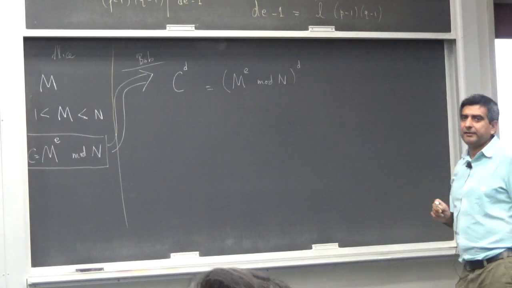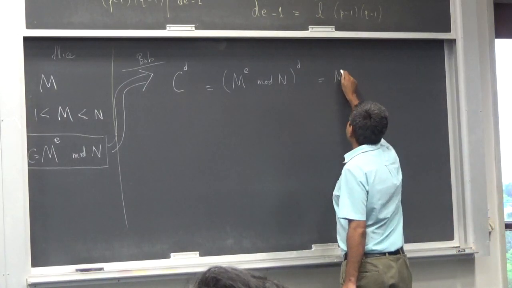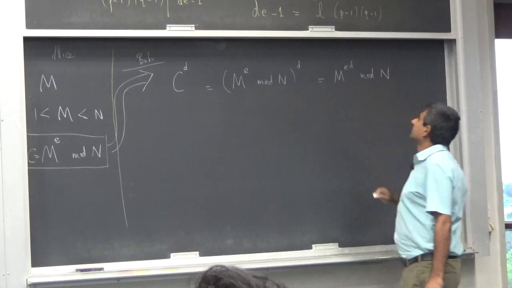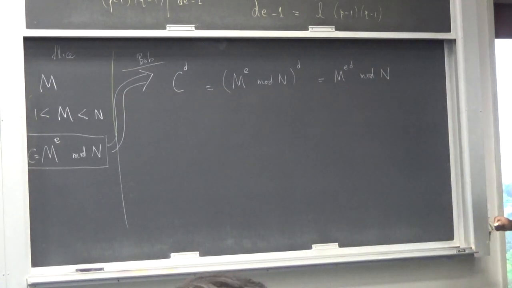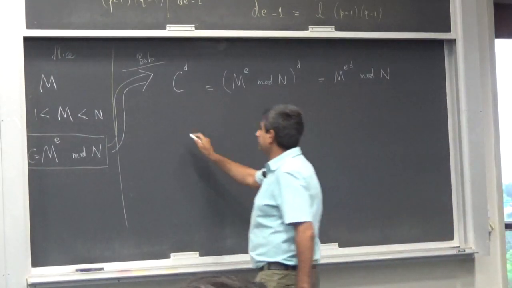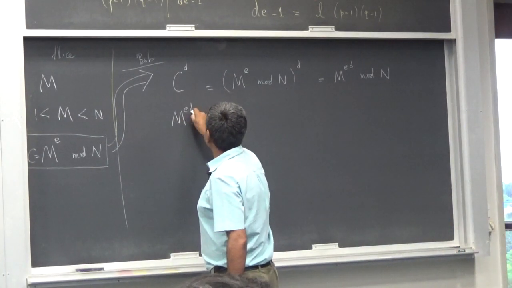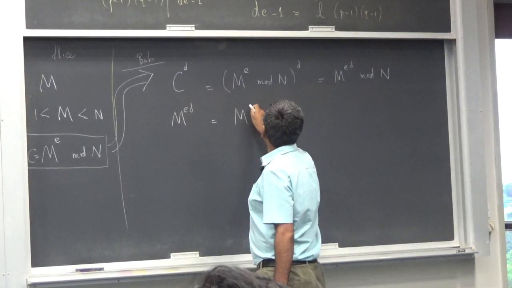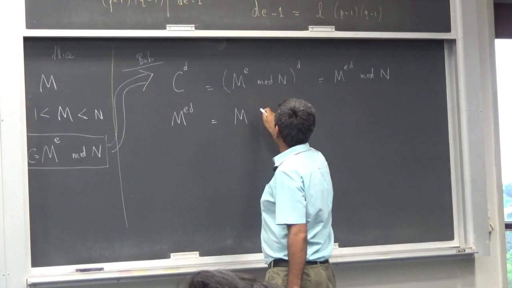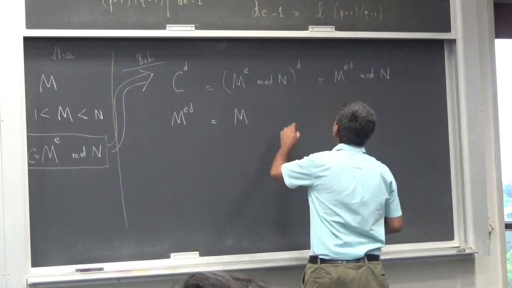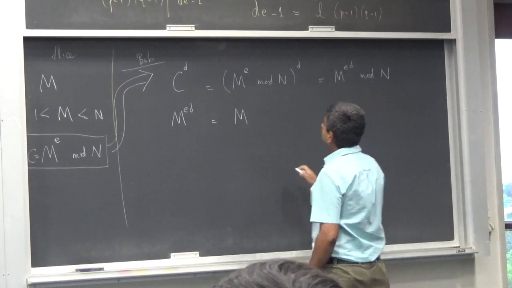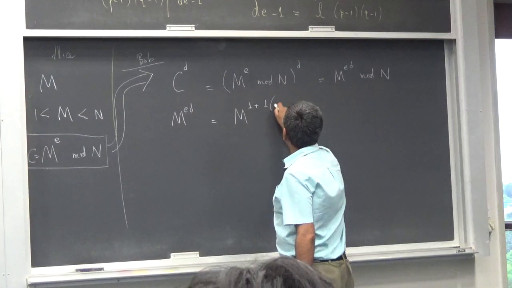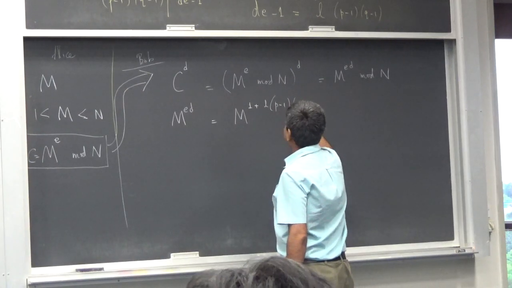So this is M raised to power ed mod N, everything is mod N. Let's see what M raised to power ed is. So ed is, the power is 1 plus some integer L times (p minus 1)(q minus 1).